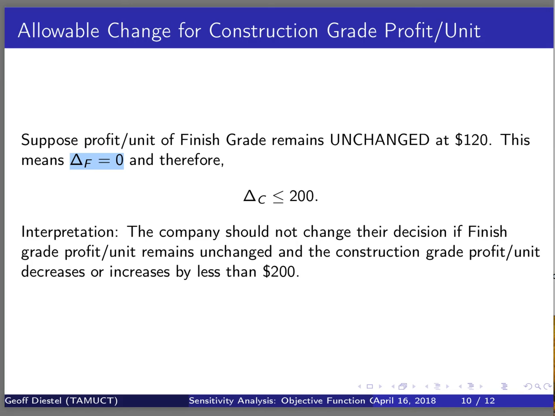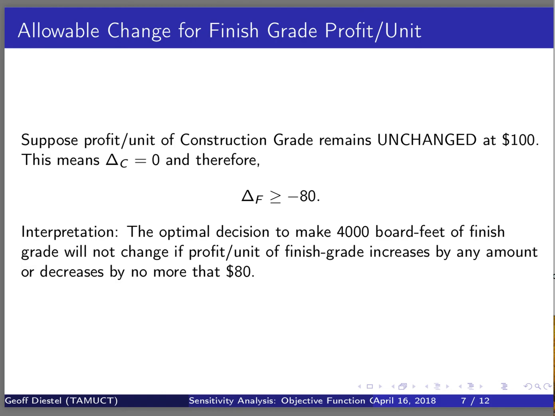Similarly, if we go back to finished grade lumber, this $80 decrease relative to the $120 profit, which we now have for construction grade lumber, is on the same order of magnitude. It's more than half of the profit we already have.